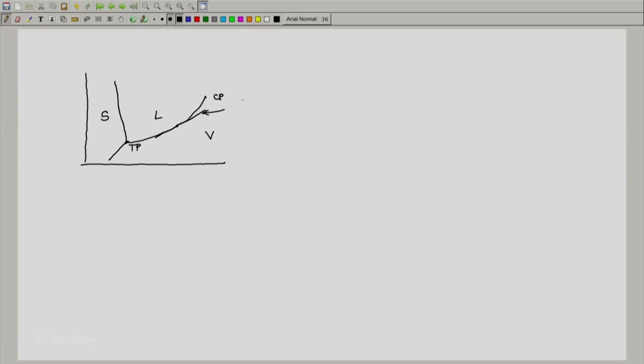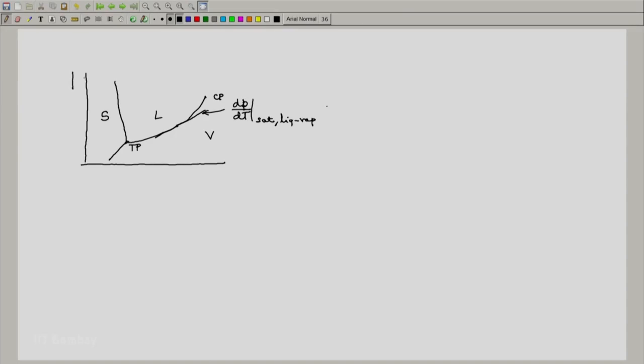Let me call this slope dP by dT of the saturation line between liquid and vapor. We want to derive an expression for this slope. Let us see how we can go about doing that.